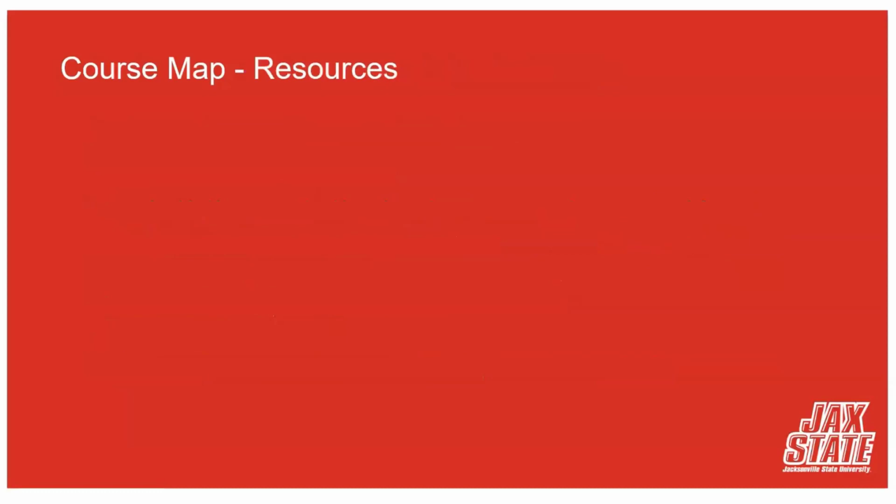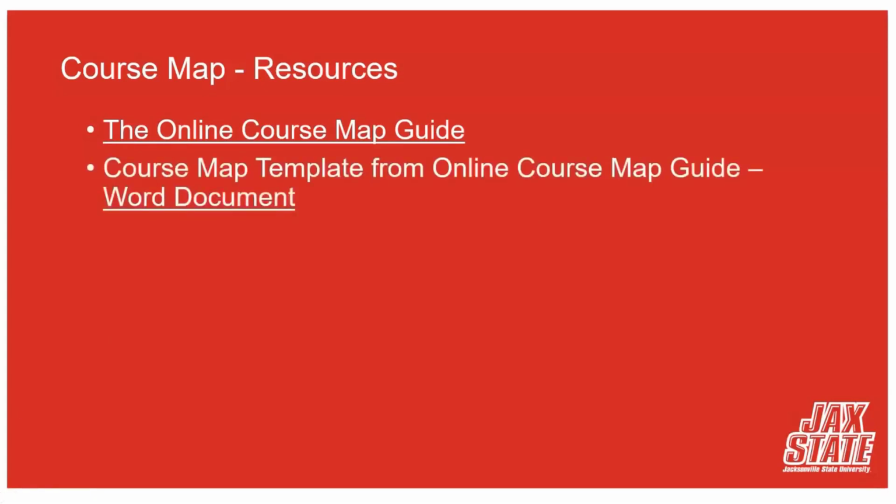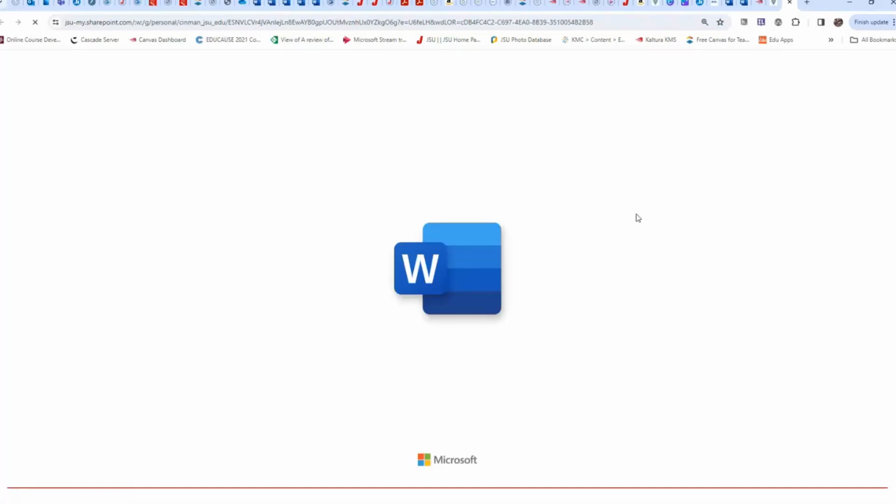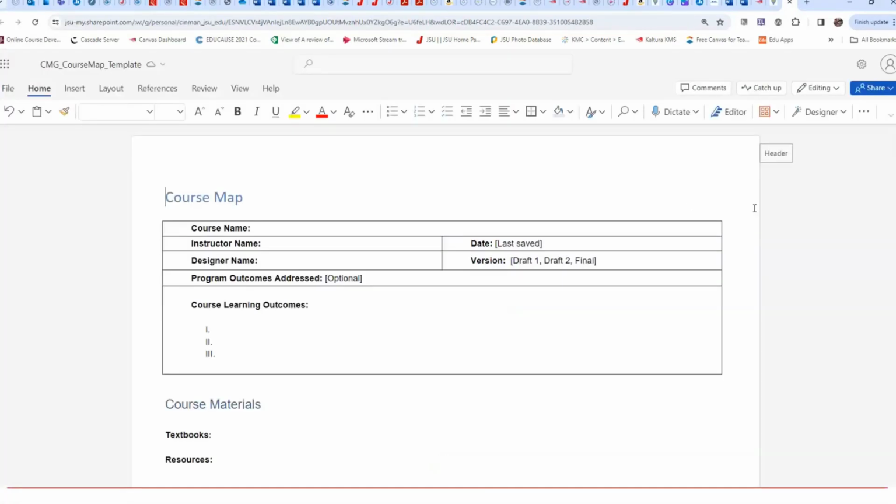So here are some resources for creating a course map. We just looked at this website, the Online Course Map Guide. It's a great site. It also has a Word document template. We'll take a look at that. And here's their version of the course map template.